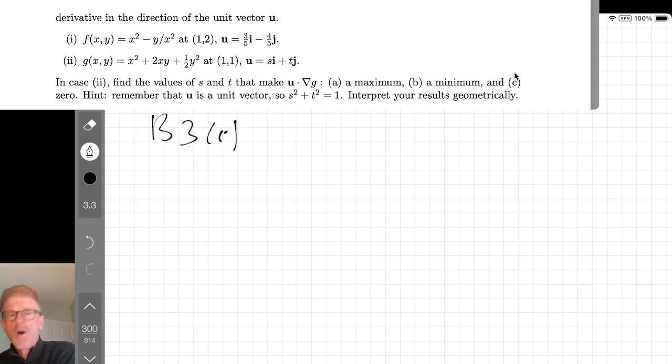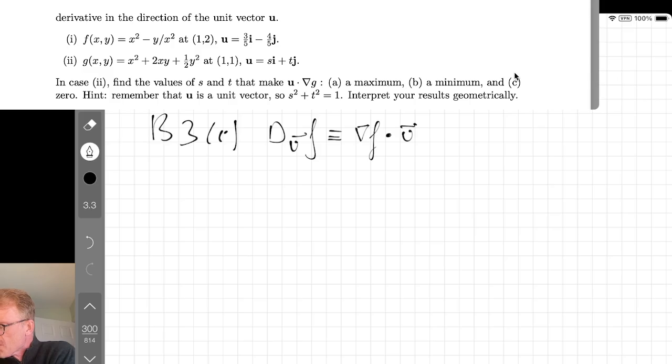So B3(1), we are given that x, so the directional derivative is Du of f, which by definition is grad of f with inner product with u, and then the given u.